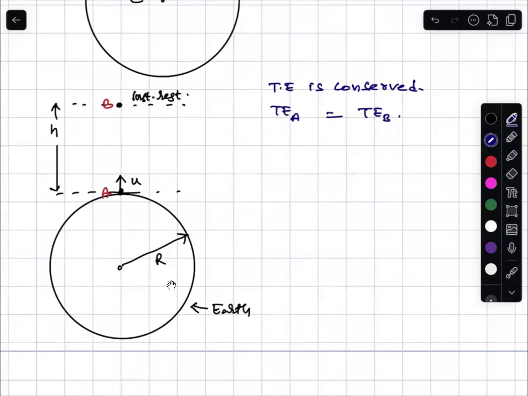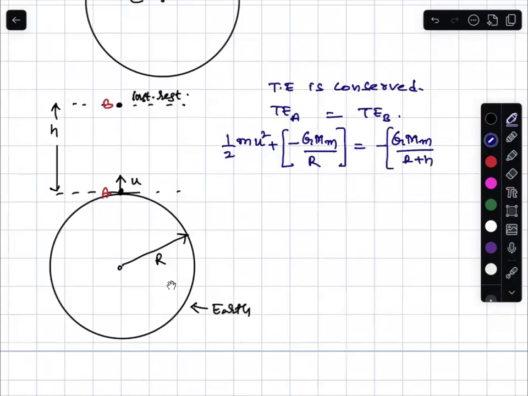Now the question is, at A, what are kinetic energy plus potential energy? R plus h, that's the relation. So now you need to solve this.